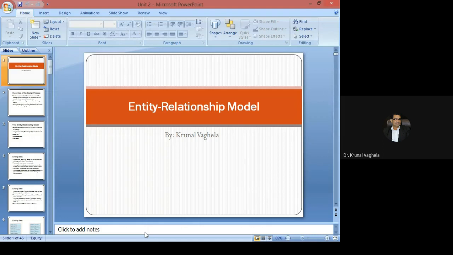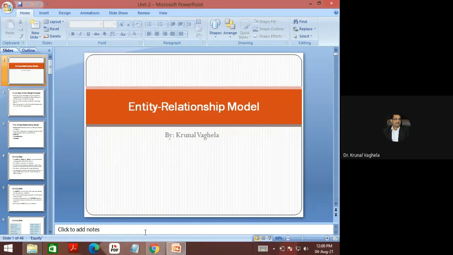Now I want to make one announcement. In the first lecture, I told you that for 20 marks of your CSE component, we will have an Oracle certification. Your IDs are ready.